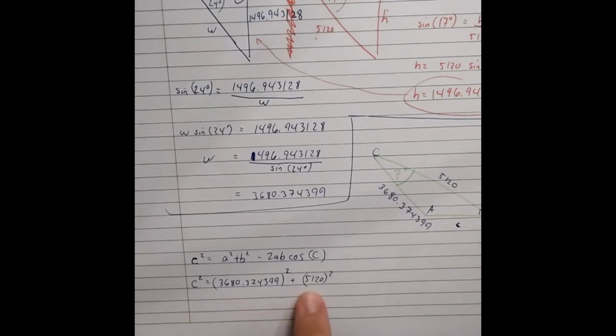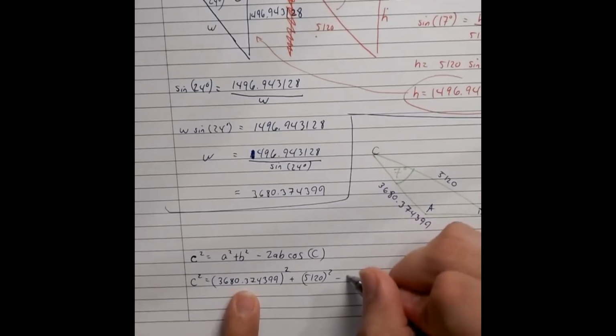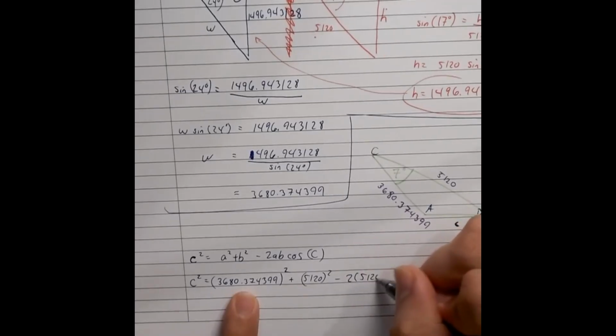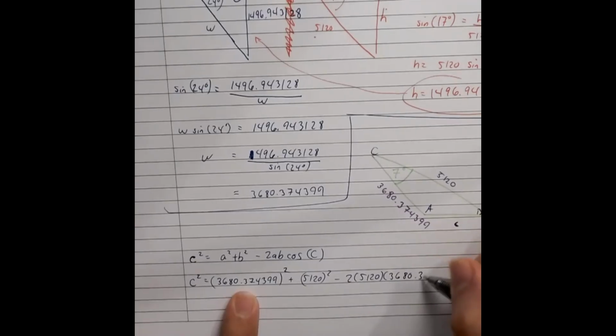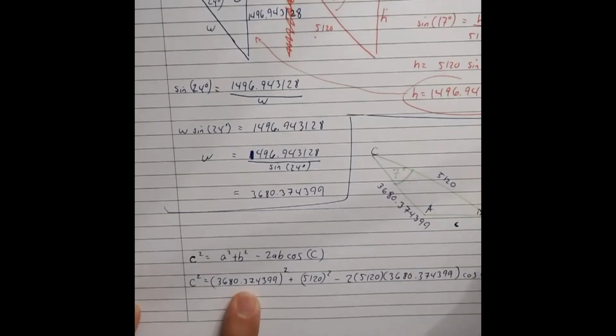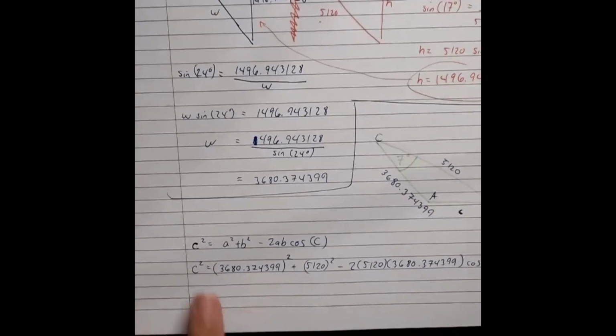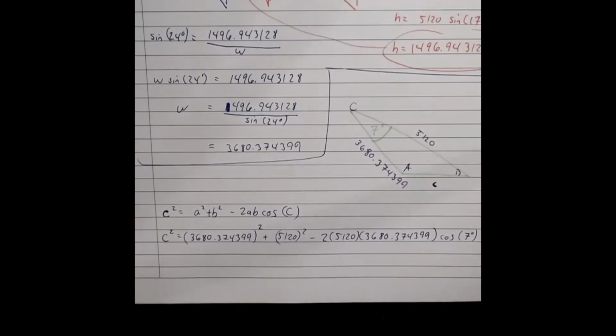All right, that was A squared plus B squared. I accidentally wrote them backwards, but since it's addition, it doesn't matter. A squared plus B squared minus 2 times A times B times the cosine of the angle C, which we see is 7 degrees. And now we're just about done. That's now a calculator problem. Let's type all that in and see what we get.